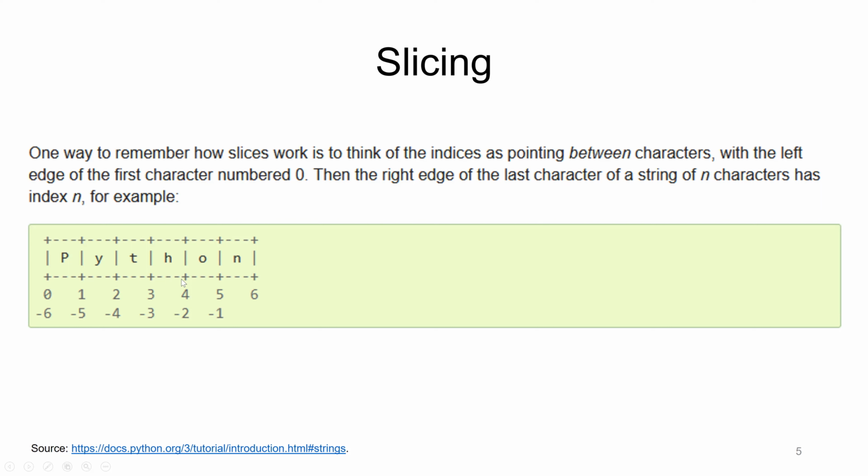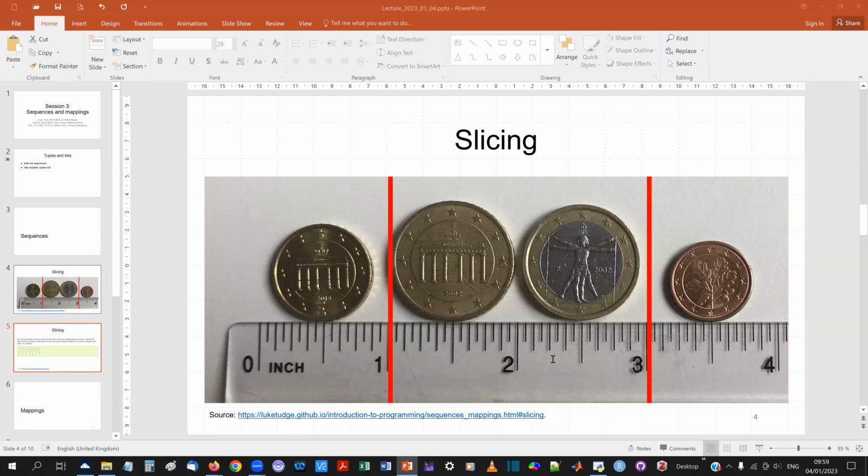If, on the other hand, we are using the index or slice -3:-1, this should give us the letters HO. So let's try whether this works.